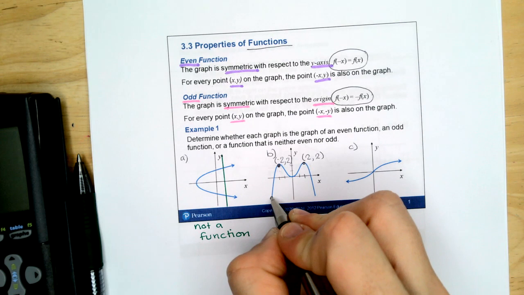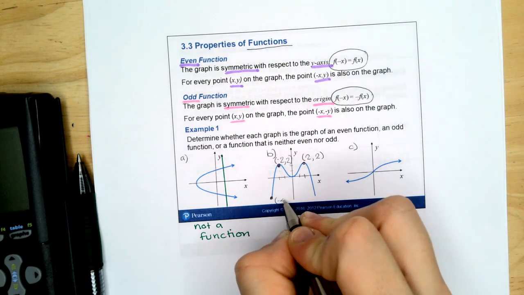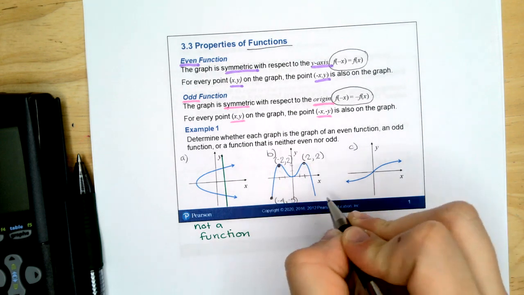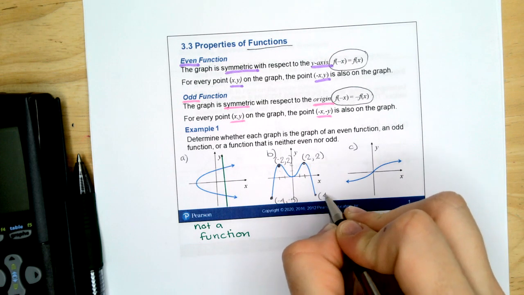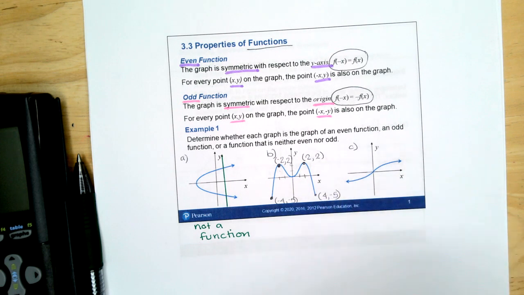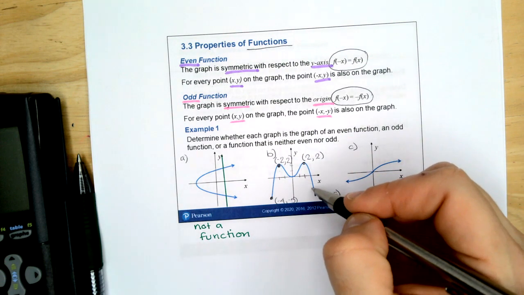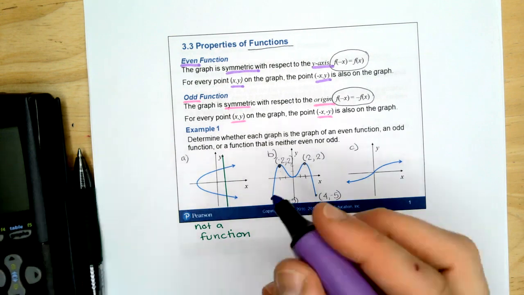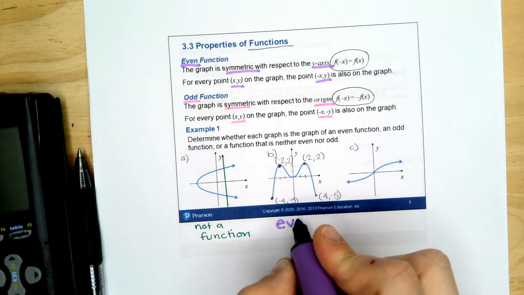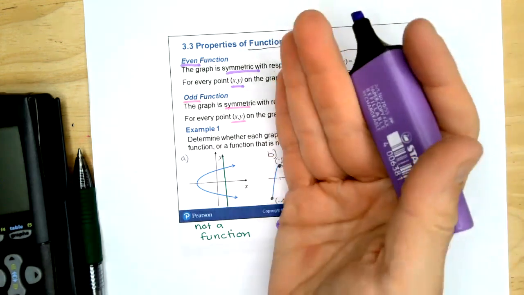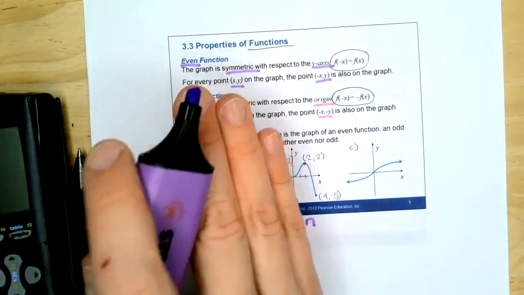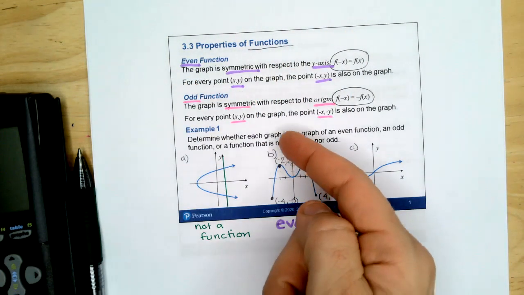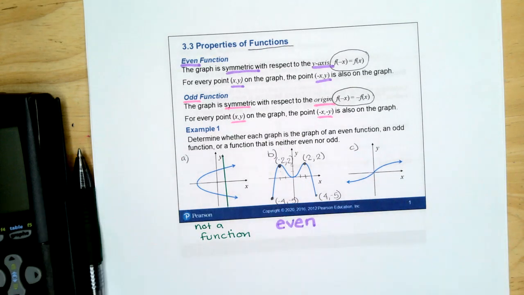And maybe this is negative 4, negative 5, and then over here is positive 4, negative 5. So those look like we have symmetry with respect to the y-axis. So I would call this an even function. I can hold up a mirror, or I can fold it over on itself according to the y-axis.